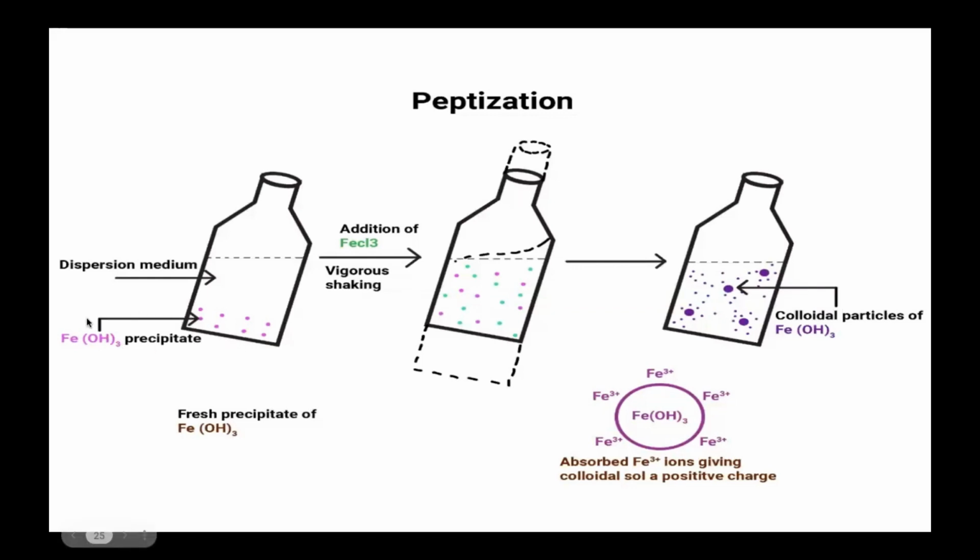The iron hydroxide precipitate settles at the bottom. Then when you add a strong electrolyte like iron chloride and shake it vigorously, it will form a colloidal suspension, evenly distributed throughout the solution.